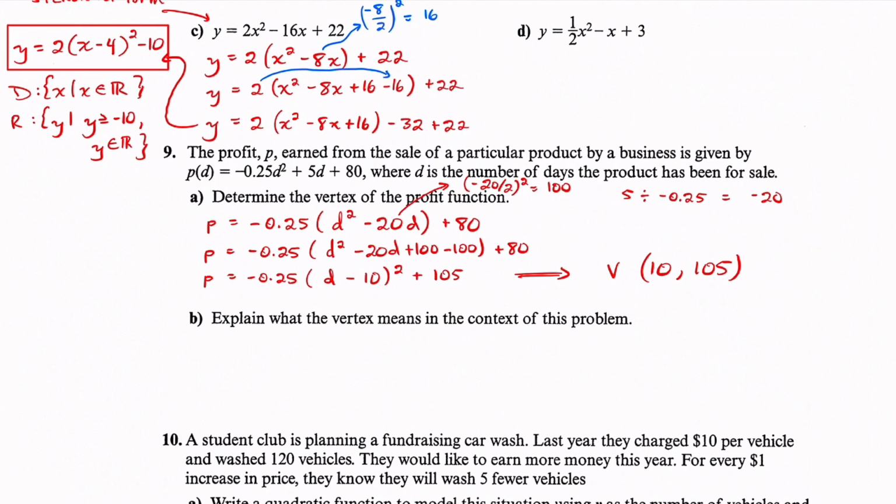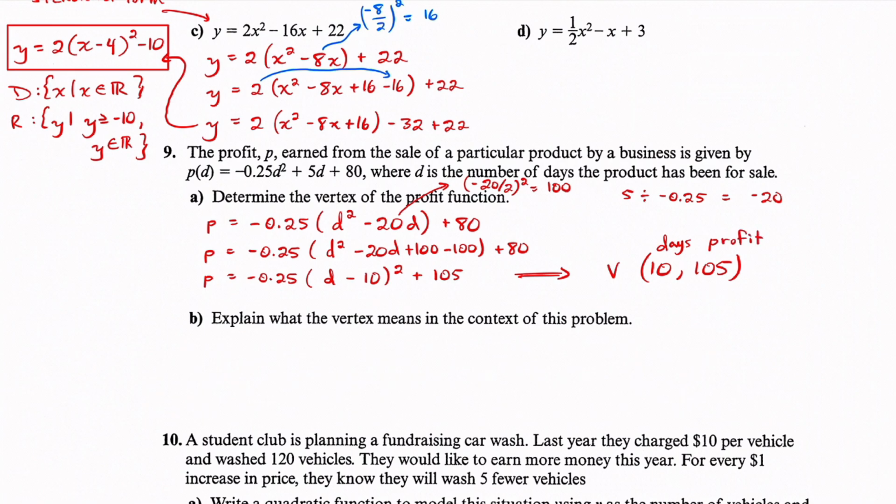So part B now says, explain what the vertex means in the context of this problem. So we had found the vertex, and I knew that it was a function of P and D. So this is D, and this is P. And we knew that D was for the number of days, it said, after it has been for sale, and P was the profit.